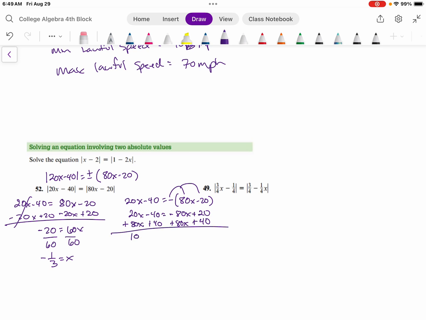So this gives me 100x equals 60, and divide by 100. x is equal to 60 over 100, which is 6 over 10, which is 3/5. And again, we should always double check and see if they balance the original equation, so make sure we go back and do that.